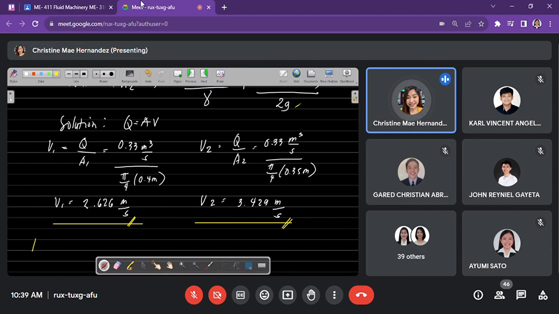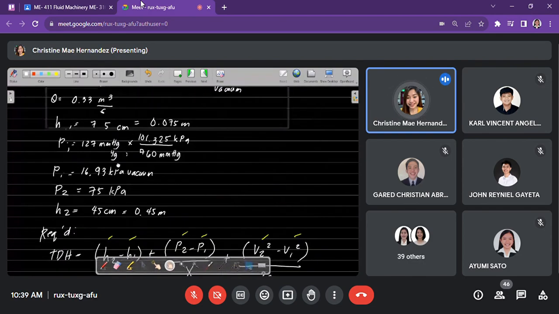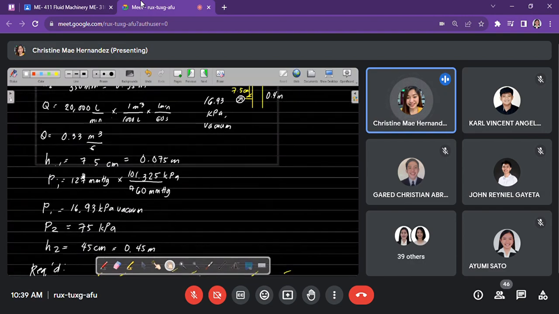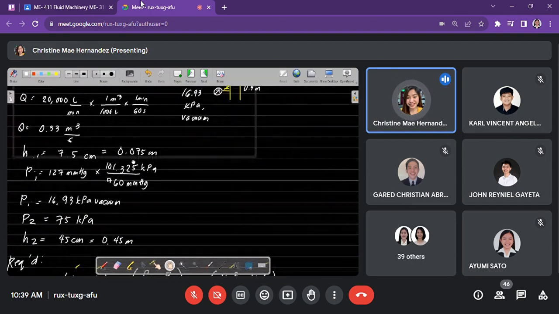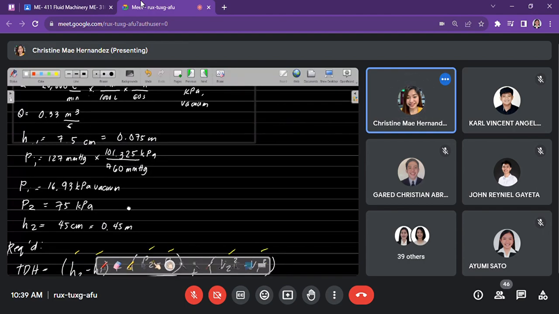So, substituting all the values, TDH, so H2, ano bang H2 natin? Above center line, so siya ay 45 cm, 0.45 meters.